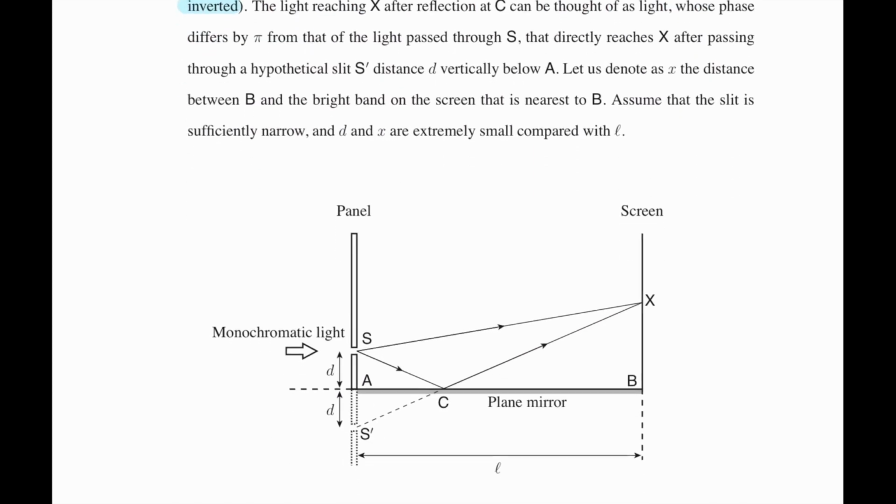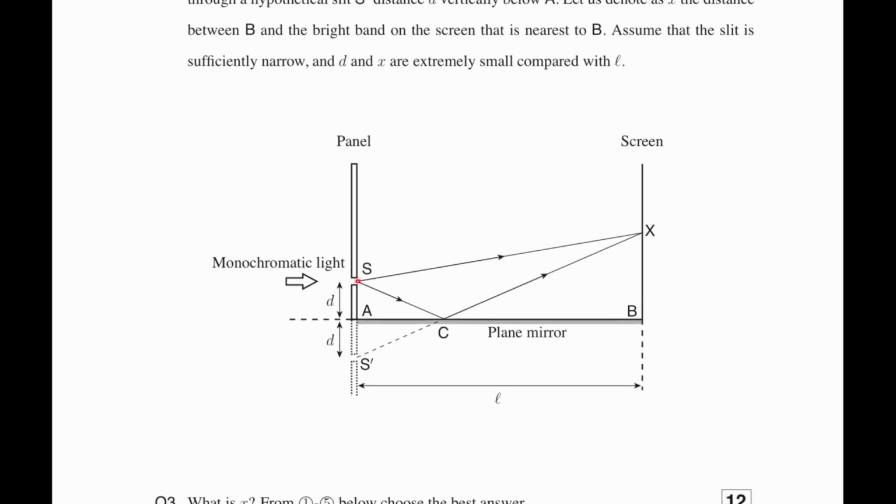So the wave that goes directly from S to X and the second wave are not in phase. They are out of phase because the second wave has already reflected at point C. So the phase difference between our first and second wave is pi, which is out of phase.